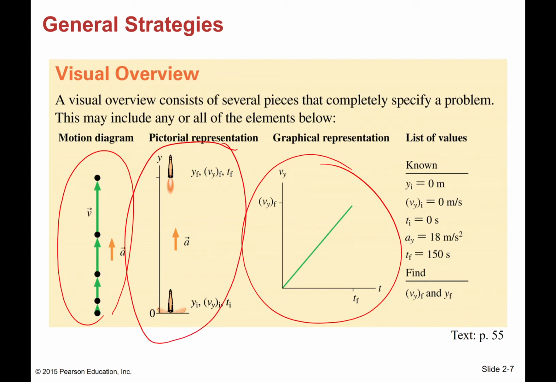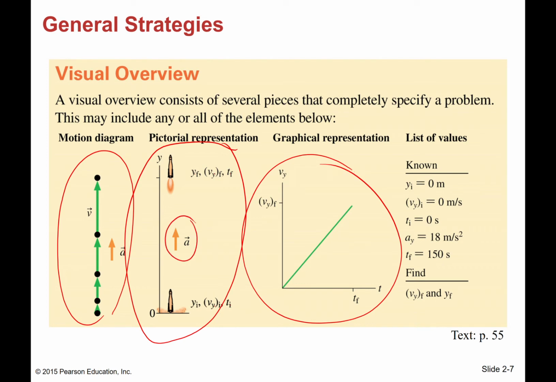You have your coordinate system, you have your origin, you have the rocket at 2 points, the initial and the final point, and then you've defined symbols here. You have a y initial, initial velocity, an initial time, and a final position, final velocity, and final time. And you also have a placeholder here for the acceleration.